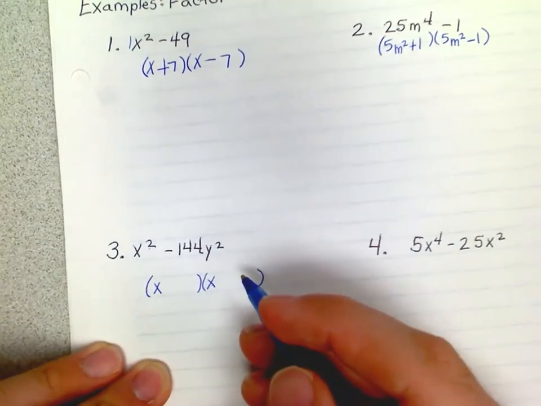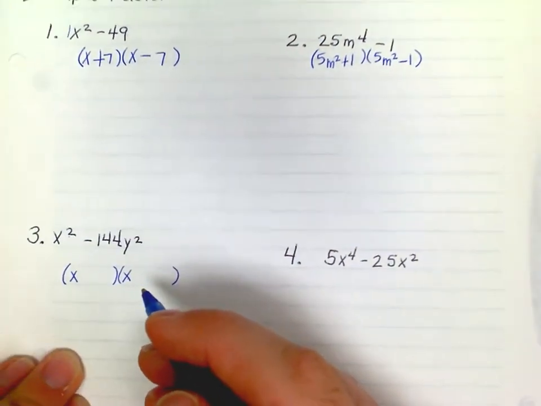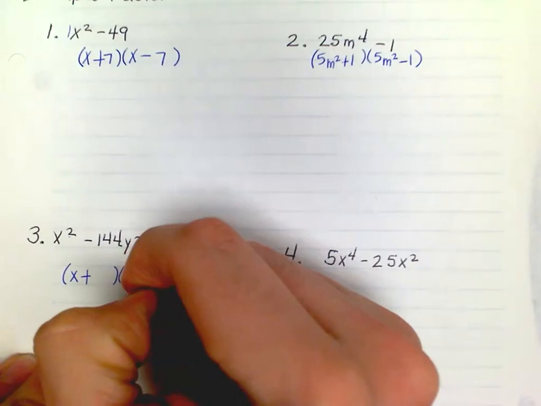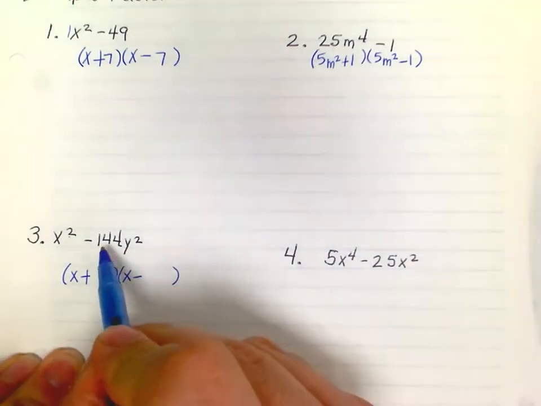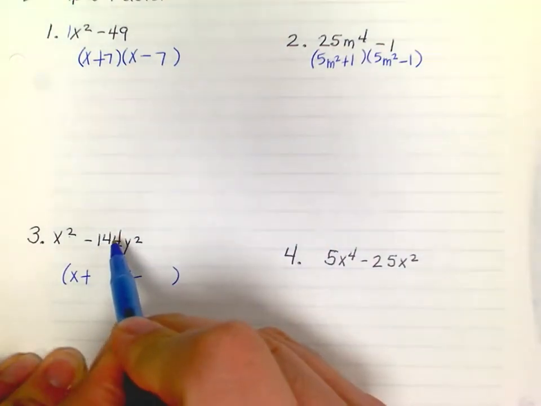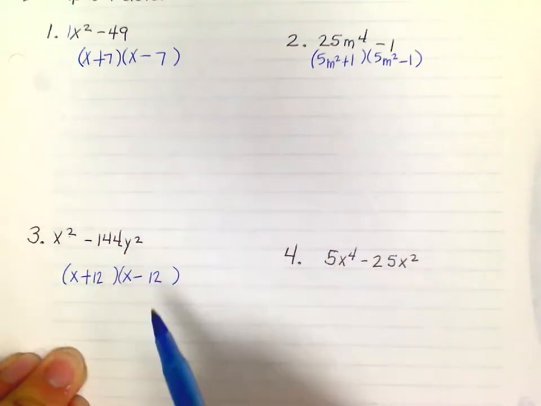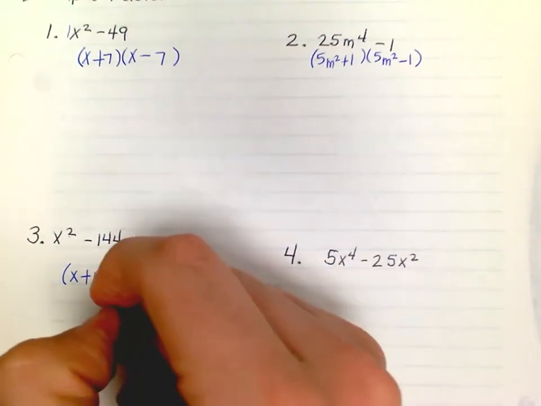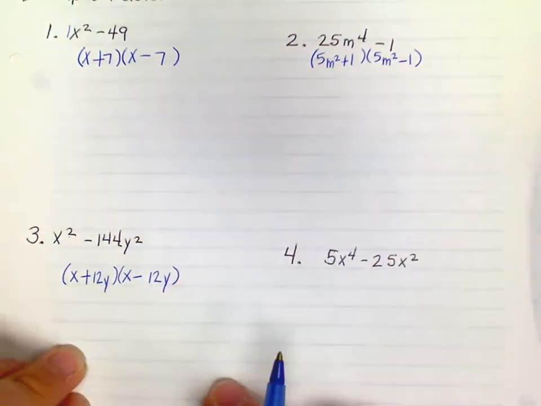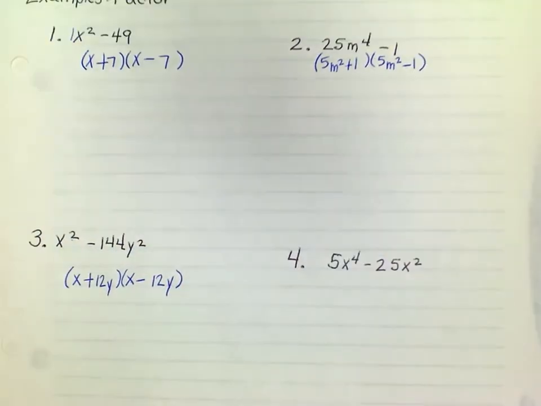If we use our sign rules of one being a plus and one being a minus, we just discussed that 12 times 12 would yield 144, so let's write a 12 in both places. And finally, to conclude with the y squared, we'll write a y in both sets of parentheses. And that is how you would solve that type of problem by factoring.